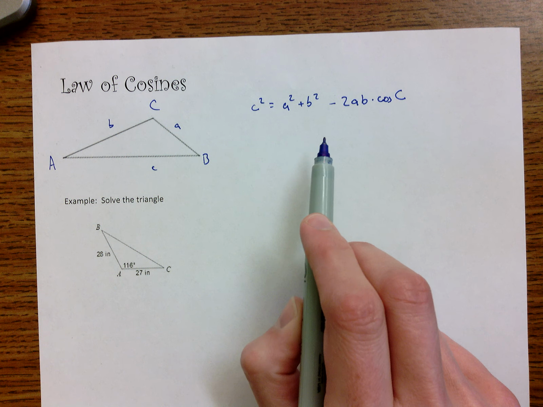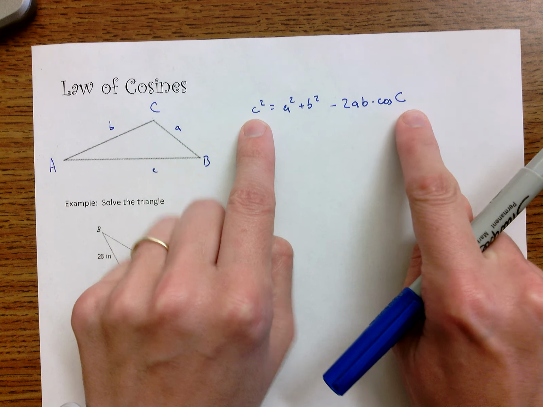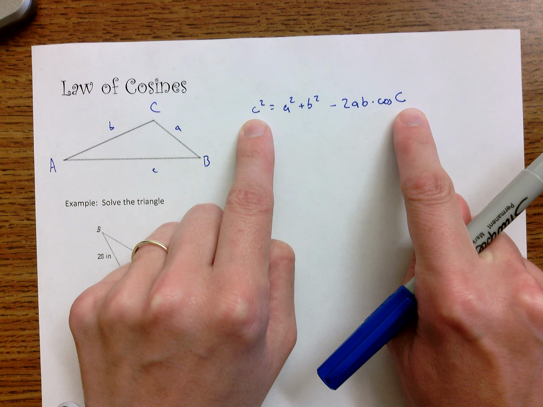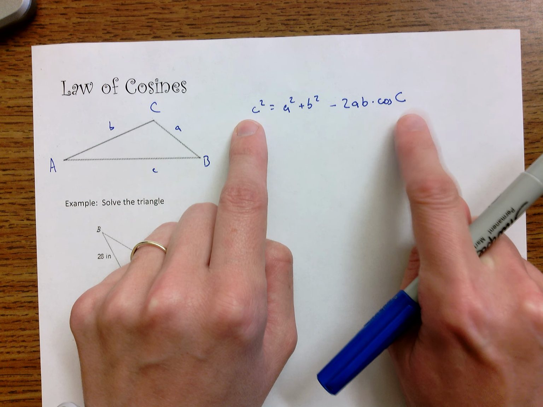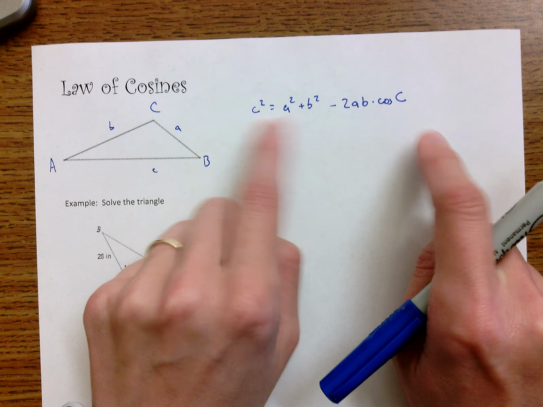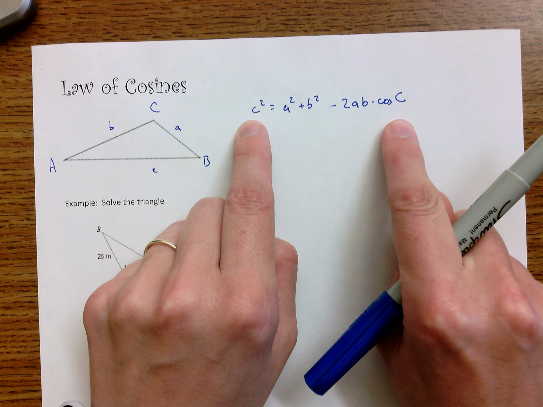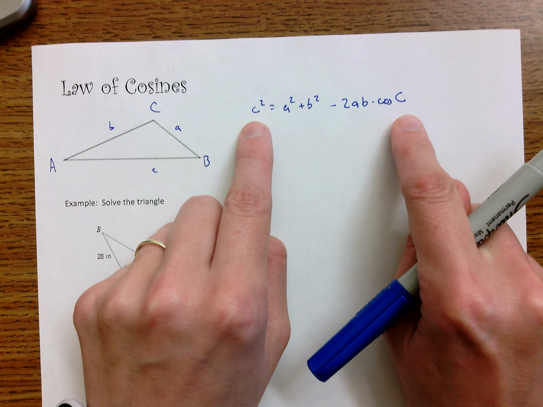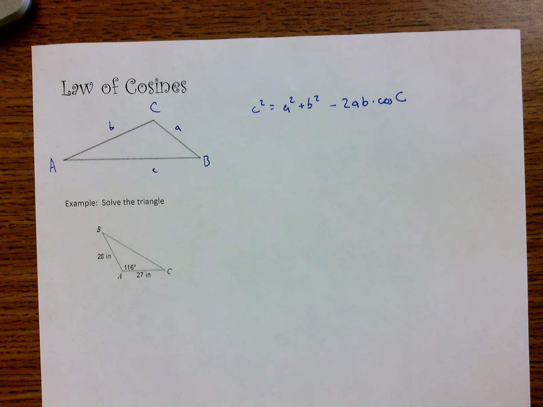And the key thing that you have to have here is that these two have to be an opposite pair. So if this is side C, then this has to be the angle opposite of it. Okay, so it starts out like the Pythagorean theorem, right? But with this extra stuff. And again, these two have to be an opposite pair. That's really important.